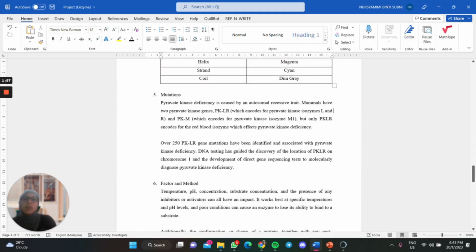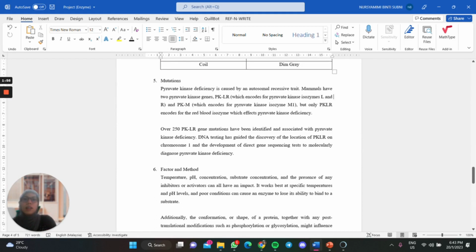And for mutation, it is caused by an autosomal recessive trait, where mammals have 2 pyruvate kinase genes, PKLR and PKM, but only PKLR encodes the red blood cell isozyme, which affects pyruvate kinase deficiency.